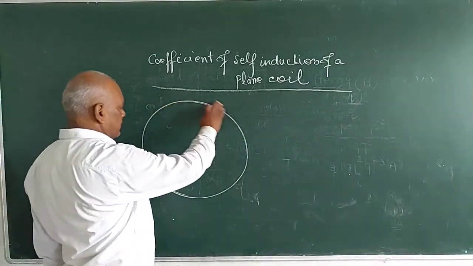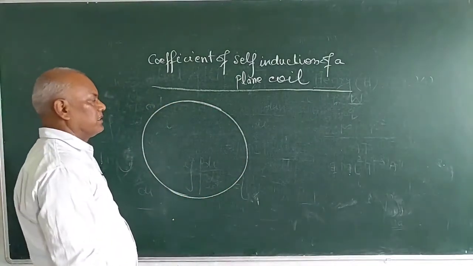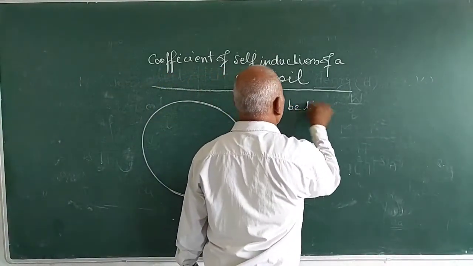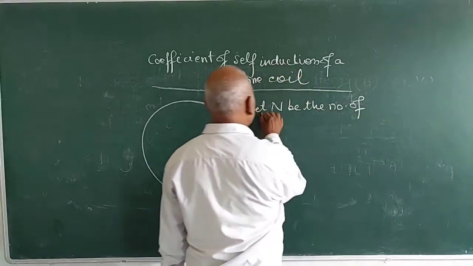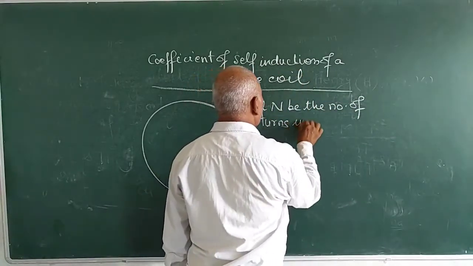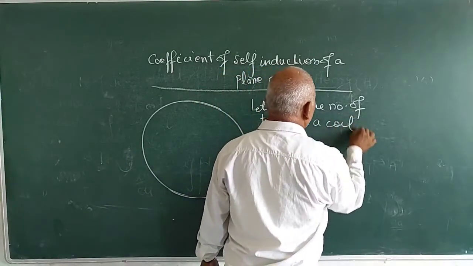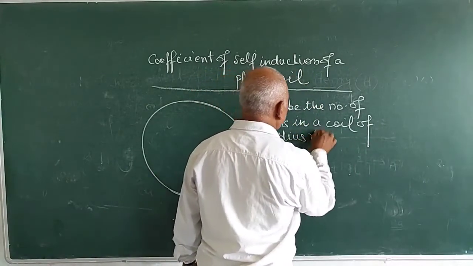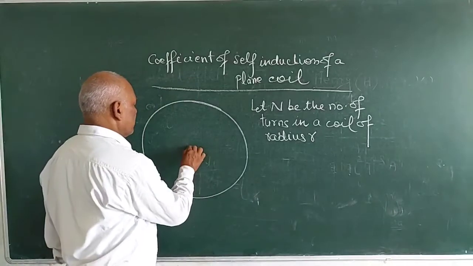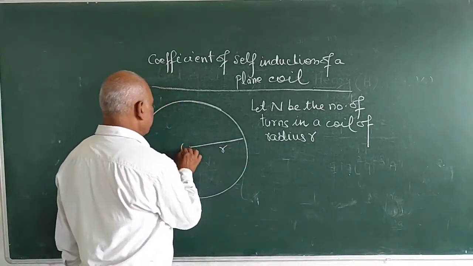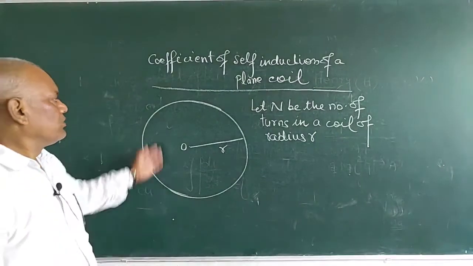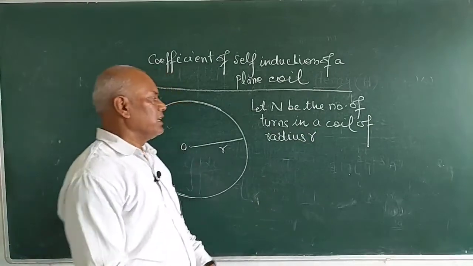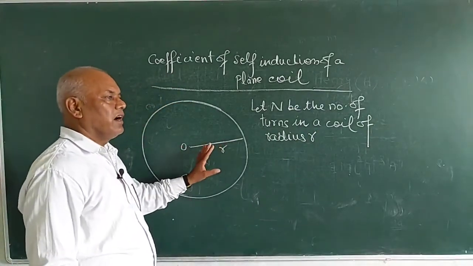Let N be the number of turns in a coil of radius r. Here, this is radius r and this is the center. So this is a coil, and N is the number of turns in the coil, and its radius is r.